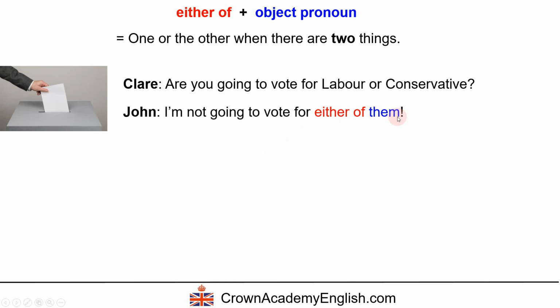Either of them. Okay, so here we have the object pronoun. This is the third person plural, them. Okay, so I am not going to vote. This means I am not going to vote for Labour and I am not going to vote for Conservative. Okay, I'm going to vote for someone else.